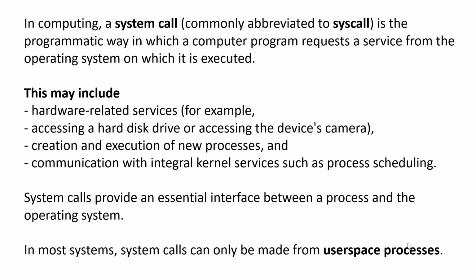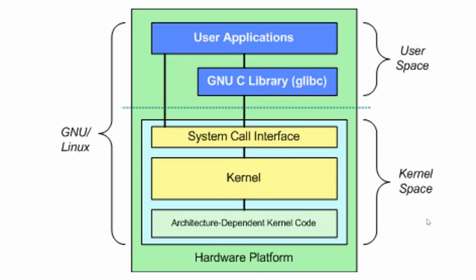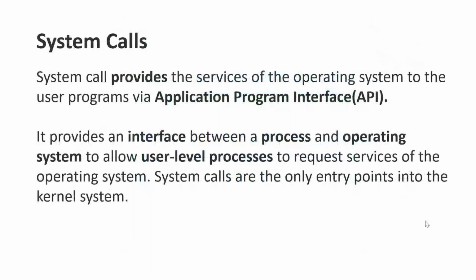This may include hardware related services such as the hard disk, or any new processes you want to create, or communication with the integral kernel services such as process scheduling. So system call provides an essential interface between a process and the operating system. Remember that. Most system calls can only be made from user space processes, for security reasons.